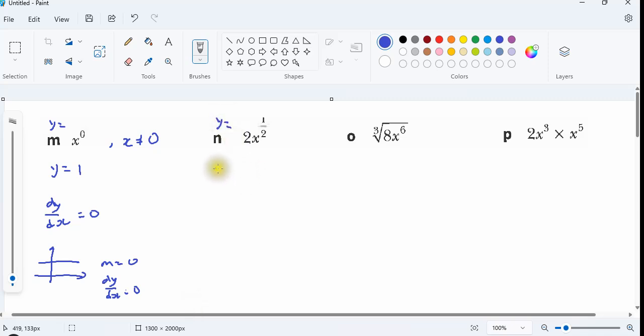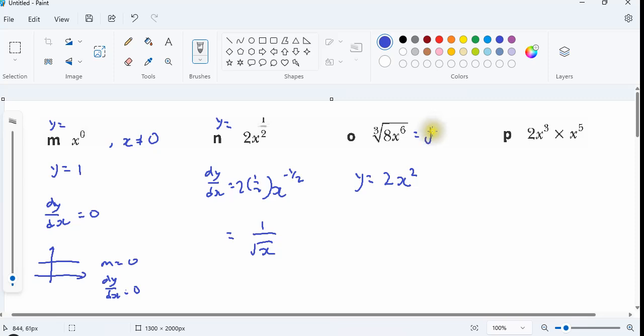So for this one, dy/dx is 2 times half x to the power negative half. Then we have 1 over square root of x. So the y here is 2 x to the power of 2.